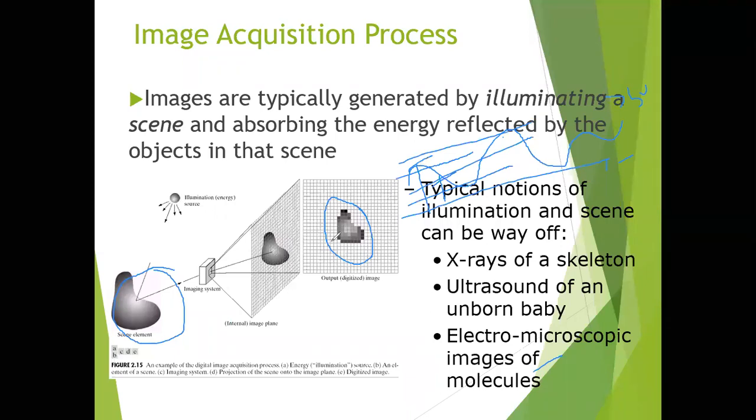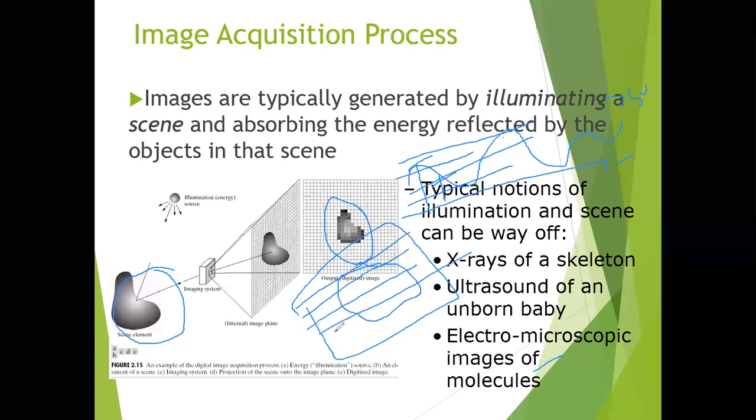As an image, if you consider a continuous image like this, we divide it into different pixels, number of rows and number of columns, scan like this, and get the values.